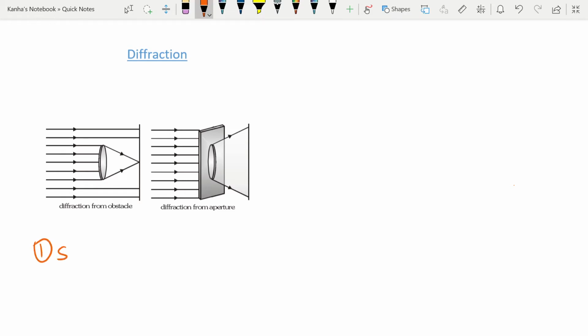One is the size of the obstacle or aperture, and the second is the wavelength of the wave. So what is the condition for diffraction? Diffraction will occur when lambda is similar to the size, or a by lambda is similar to 1.